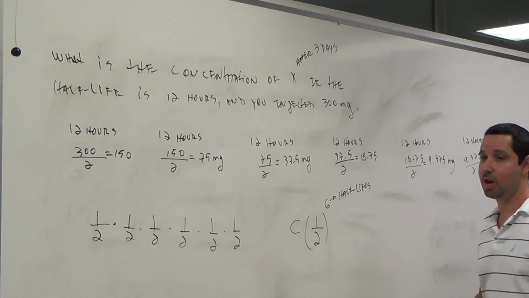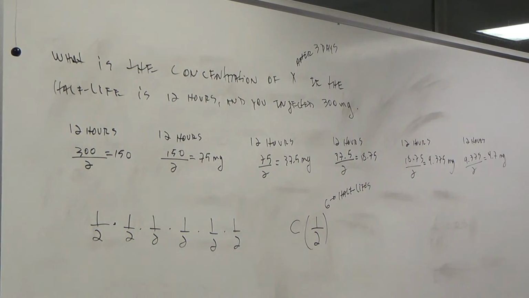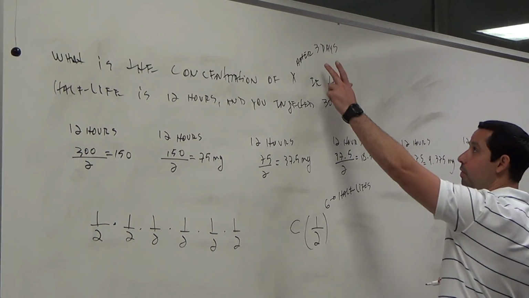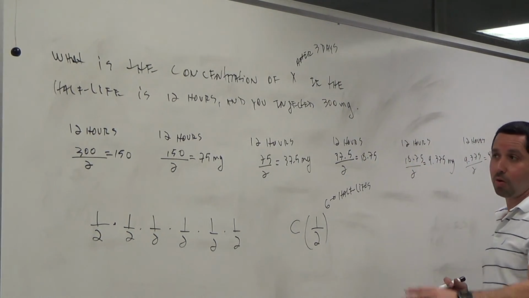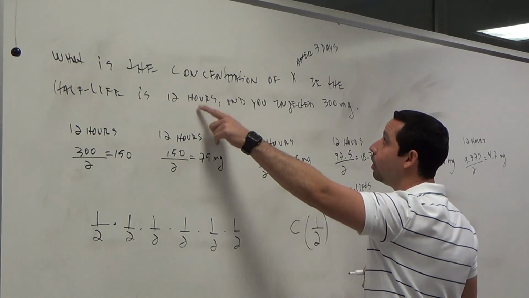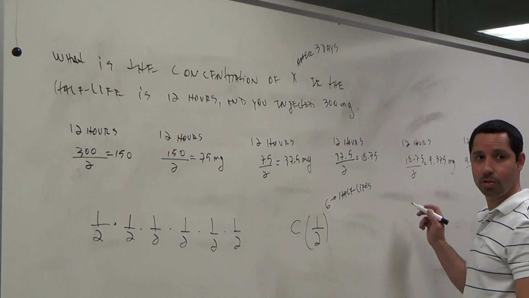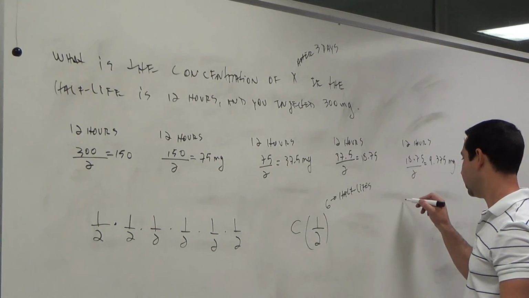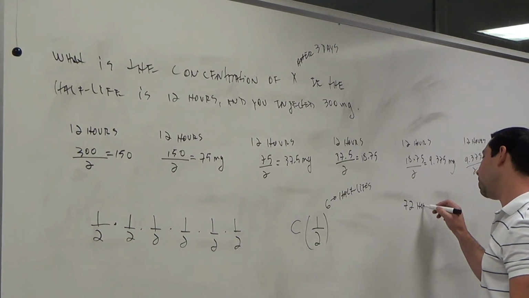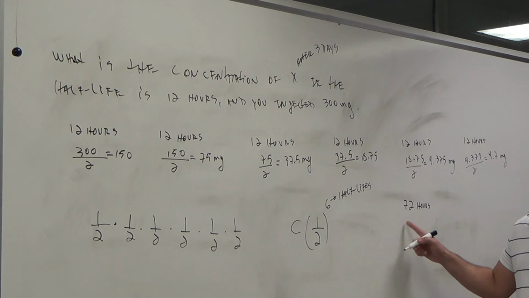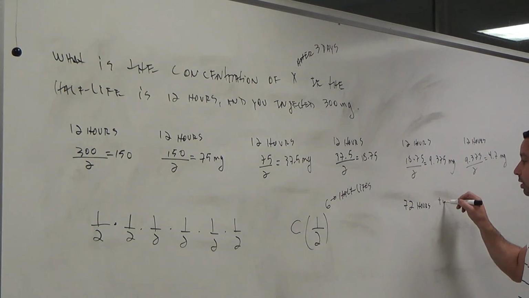If I want to find out how many half-lives into something else, it does not have to be a whole number. Yes, it could be a decimal place. So you need to convert this to the hours, same unit as you have here. 3 days is how many hours? 72 hours. So 72 hours is the what? It's the total time.